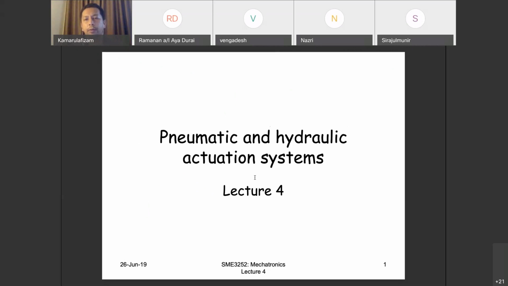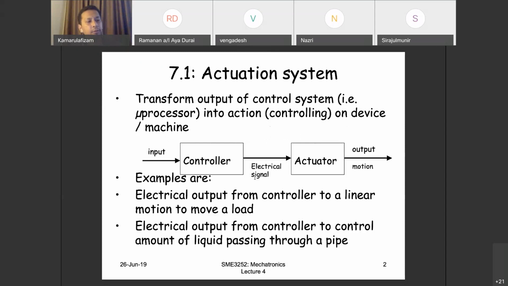Both are fluid systems. In mechatronics, pneumatic and hydraulic are normally used as actuators, for actuation work.